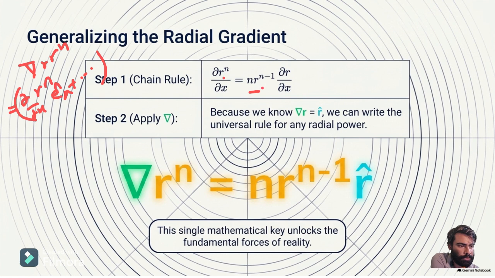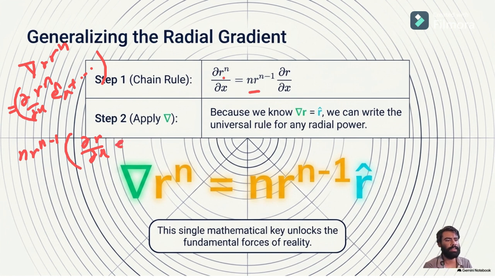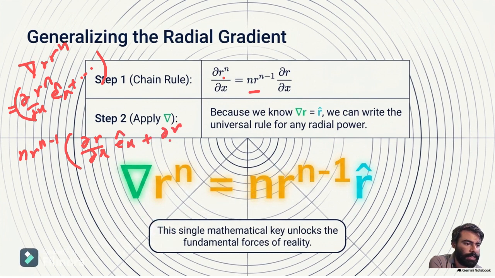If you take the common factor, you will see n r^(n-1), and inside it dr/dx ex cap plus dr/dy ey cap plus dr/dz ez cap.